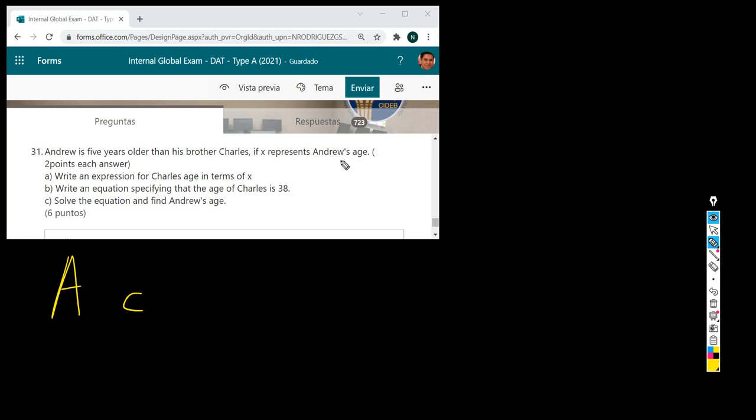If x represents Andrew's age, I'm gonna write a big X because this represents Andrew's age, and I'm gonna represent Charles' age with a C. Write an expression for Charles's age in terms of x. Okay, so Charles will be equal to Andrew's age minus 5, because this guy is older than this one.